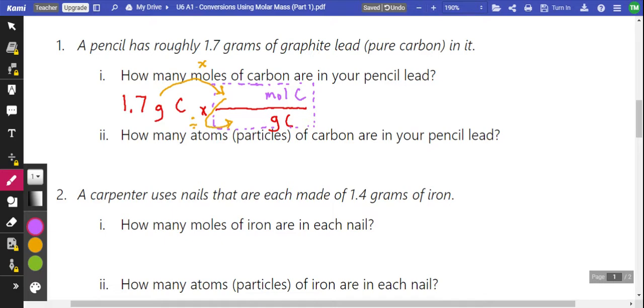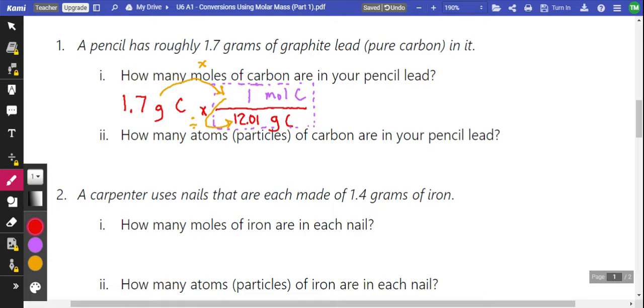If I find carbon, it has a number at the bottom that says 12.01. That means carbon has 12.01 grams in every mole of carbon. So let's set that up. In 1 mole of carbon, we have a mass of 12.01 grams of carbon. So if I take 1.7 times 1 divided by 12.01, I should get my answer.